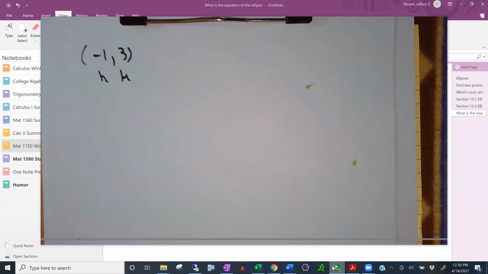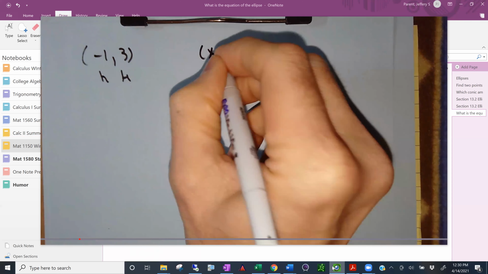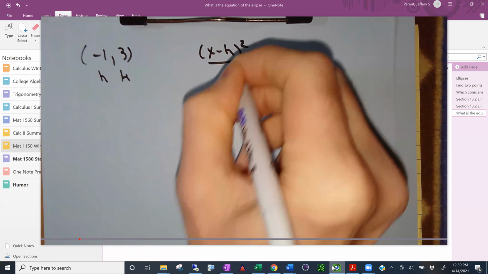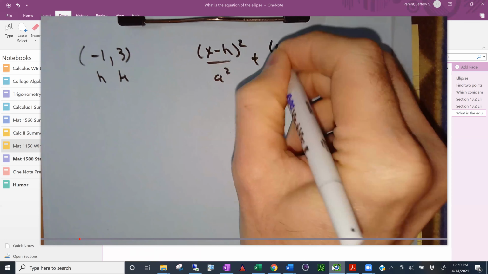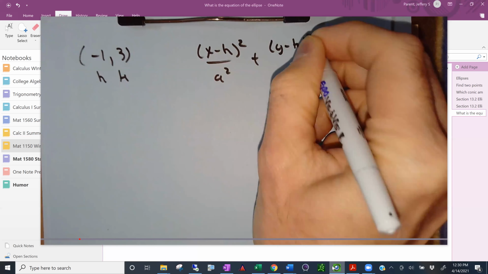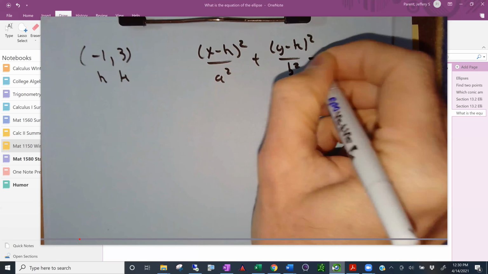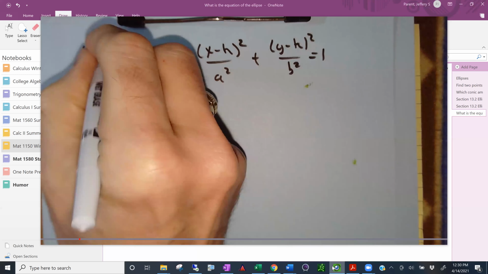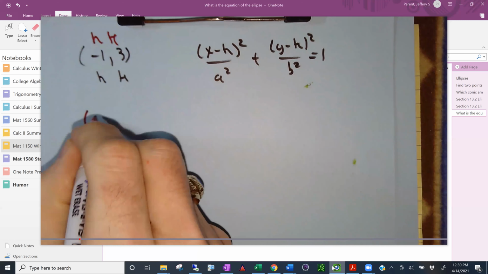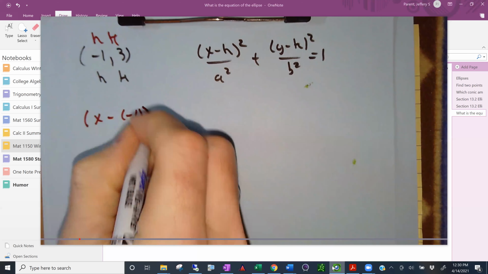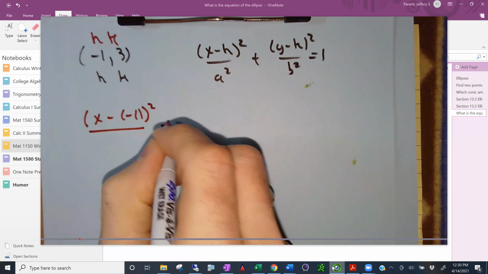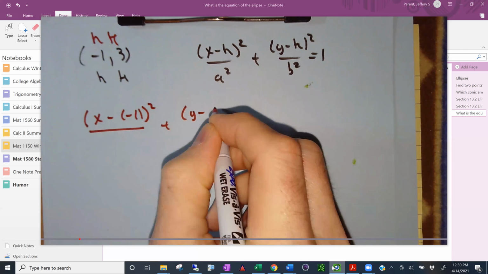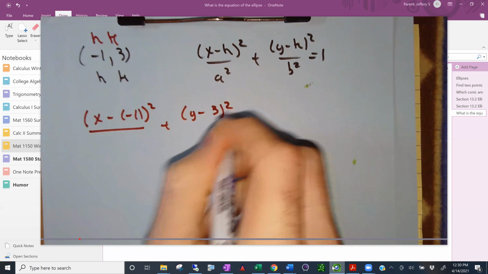We're going to put that into that general form, x minus h squared over a squared plus y minus k squared over b squared equals 1. That's your h and k, so you're halfway done. So x minus -1 squared, and then y minus 3 squared equals 1.